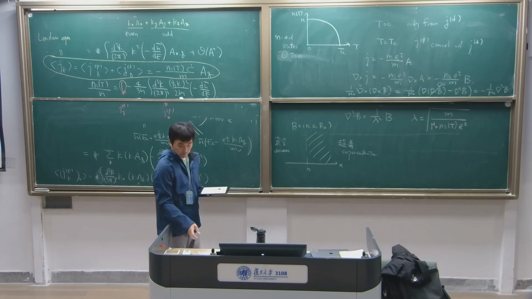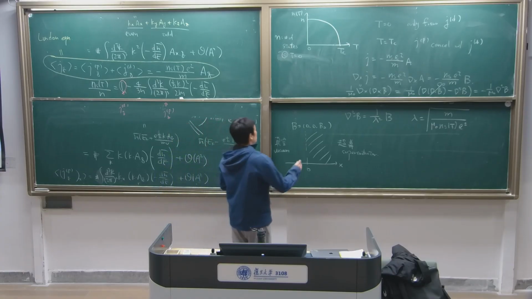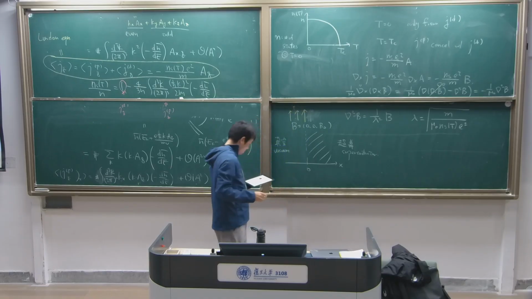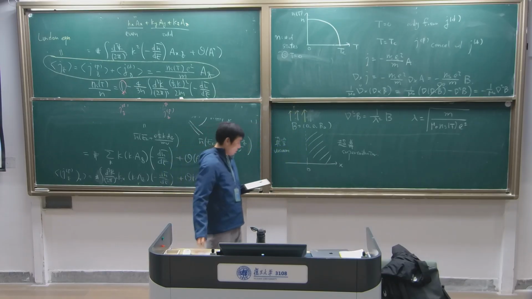And then so the magnetic field is in this direction. Okay. It's this direction. Then we can solve the equation.